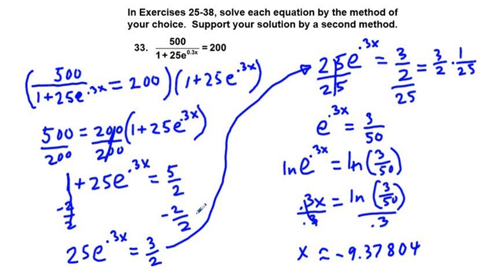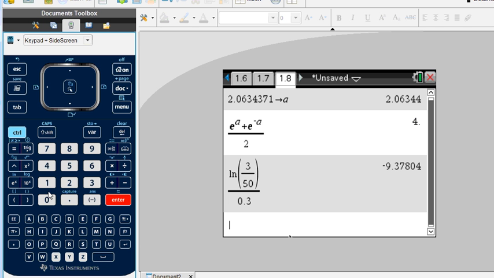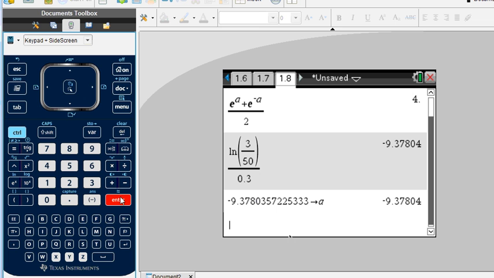And we can test that value in our original function. So go back to our calculator, and in our calculator we press Control Vars A. What that does is it automatically puts in our last number calculated.